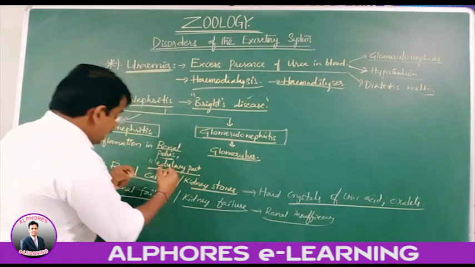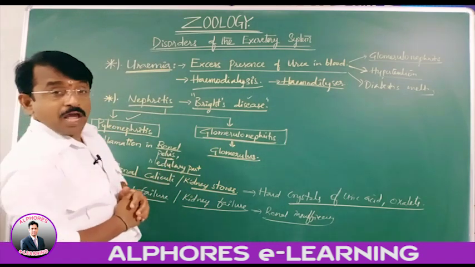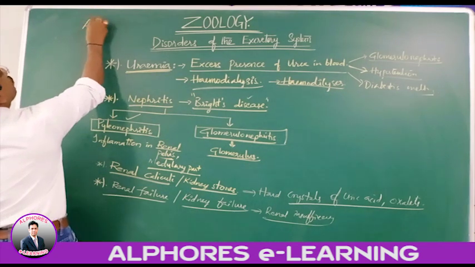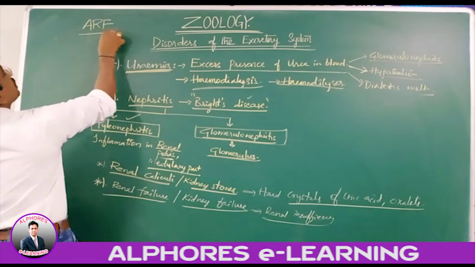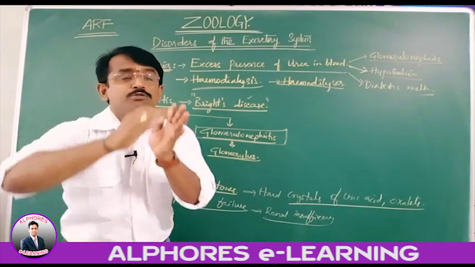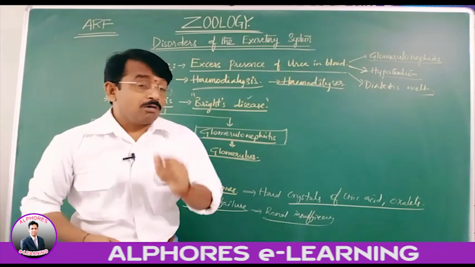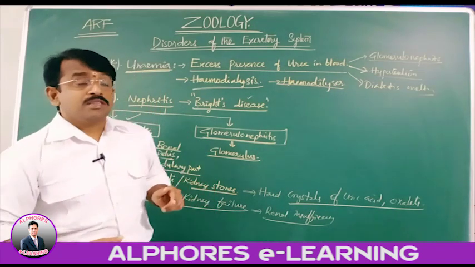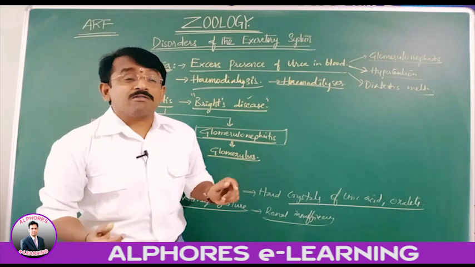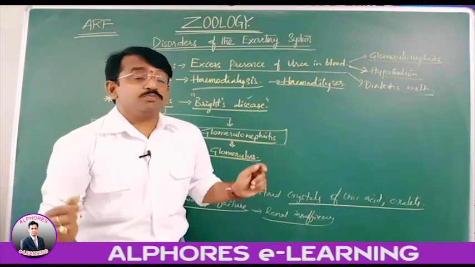But in the case of renal failure, which is also said to be acute renal failure in certain conditions, acute renal failure is seen. Acute means severe. Recall the terms we used earlier, acute and chronic. Chronic means for a long period, acute means severe.